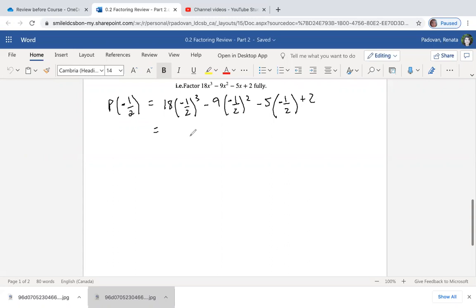Okay, so again, we have to be very careful here. There's only one negative. There's not a negative on the top and the bottom, or else that would end up canceling and being a positive number. So we have the -1 times -1 times -1 and 2 times 2 times 2.